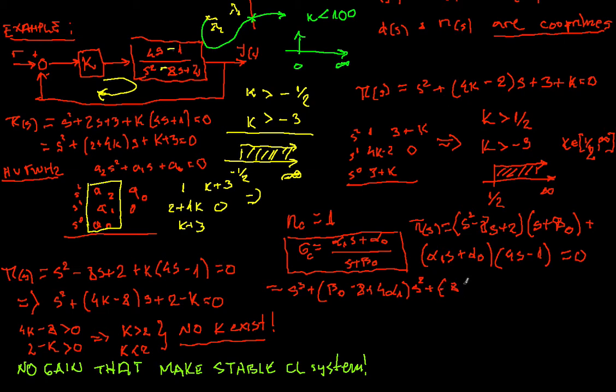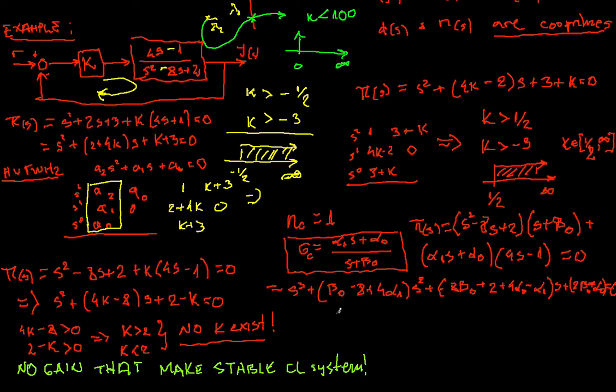Minus 8 beta 0 plus 2 plus 4 alpha 0 minus alpha 1 is next to the s term, and the last term is 2 beta 0 minus alpha 0, that's all equals 0.